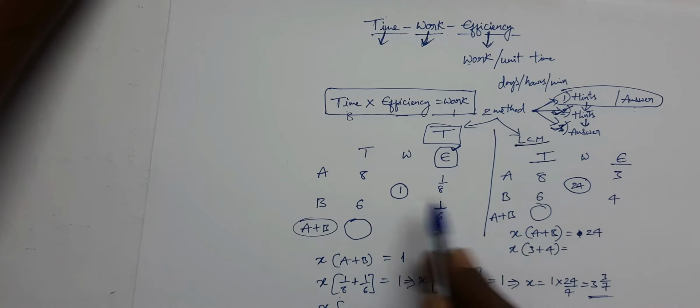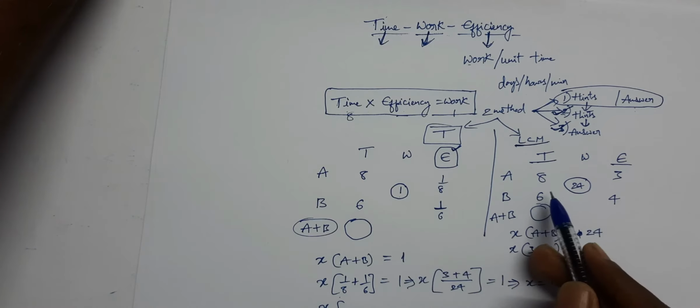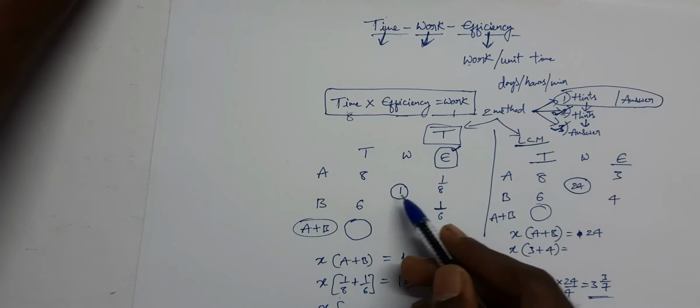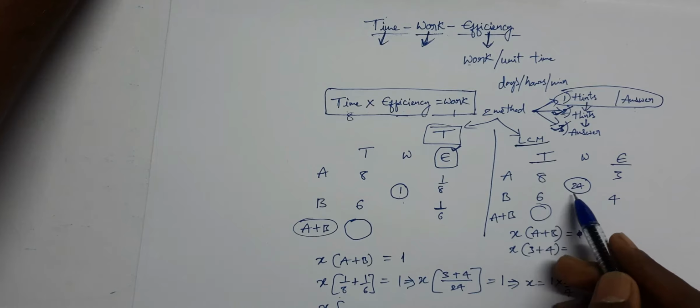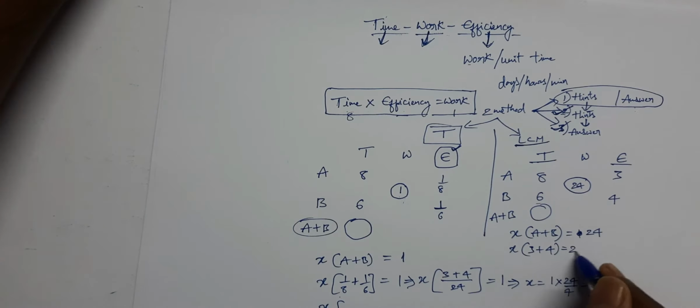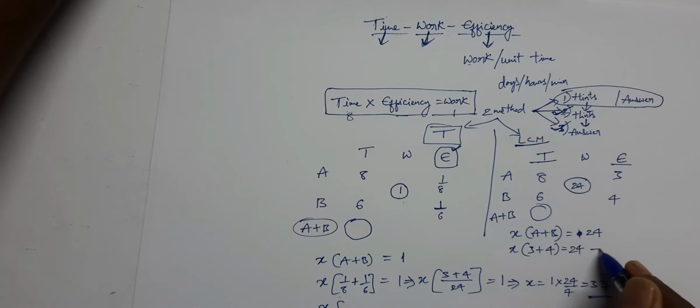This is the difference between the traditional method and the LCM method. In the traditional method you have to take the work as 1 unit, and in the LCM method you have to take the work as the LCM units. I have to take 24 here, not 1.